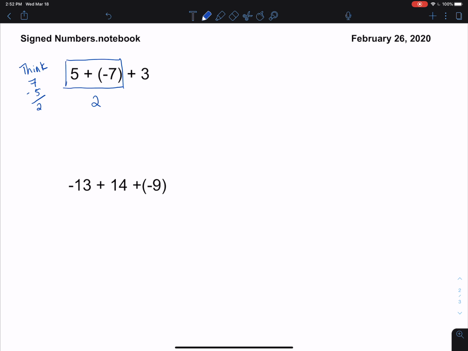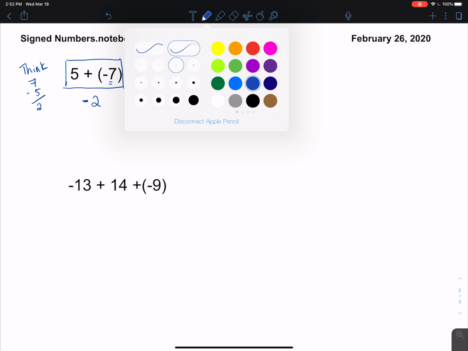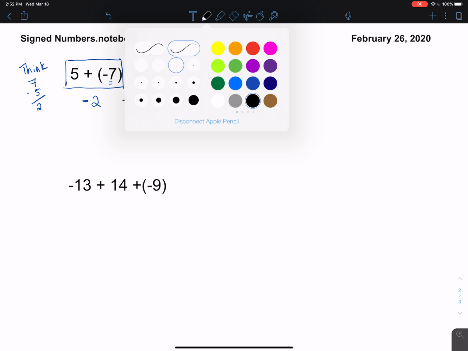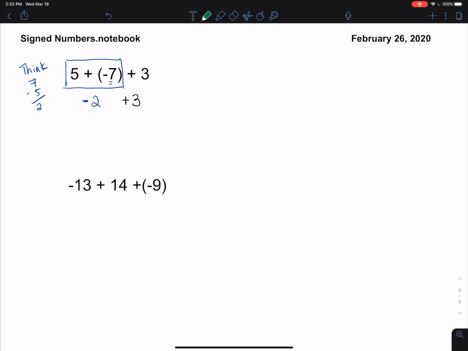So the number part of my answer is going to be 2. Then my answer has the sign of the number with the bigger absolute value. 7 has the bigger absolute value, so my answer is going to be -2 because that 7 had a negative attached to it. I'm going to bring down that +3 and finish it for the rest of the problem.